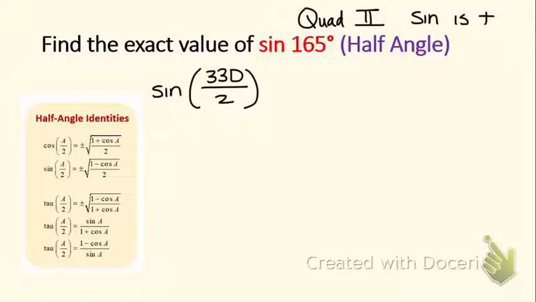So when I take the sine of 330 over 2, it's positive because we're in quadrant 2. So it says 1 minus, and I'm going to use the cosine of 330, and that's all over 2.